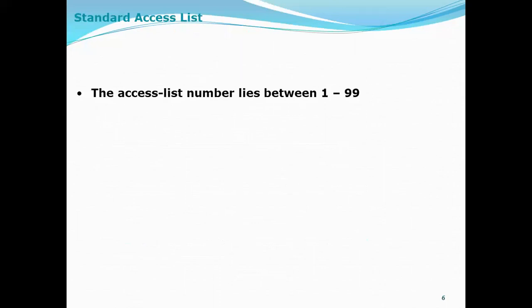The main difference between standard and extended ACL is that standard ACL is less flexible. It can only filter based on the source IP. So it looks for the source IP when the packet arrives, and the router which receives the packet where ACL is configured will look for its source IP, and only based on the source IP it will match from its ACL statements and take the decision.